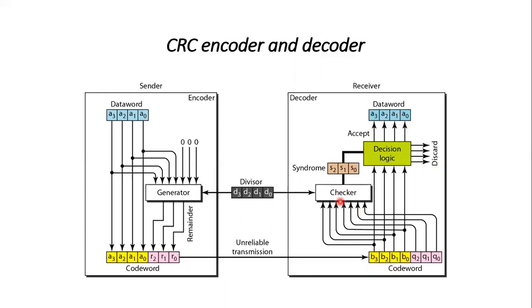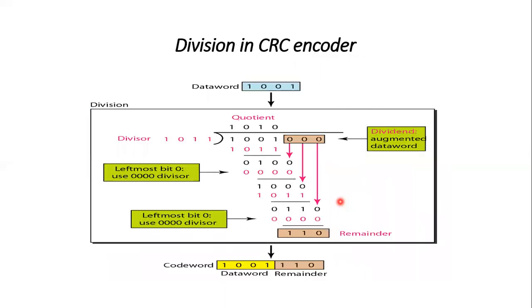Now let me show an example. The data word here is 1001, and then the divisor is 1011.